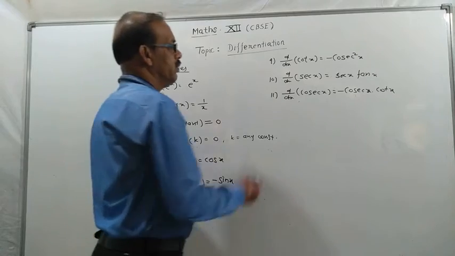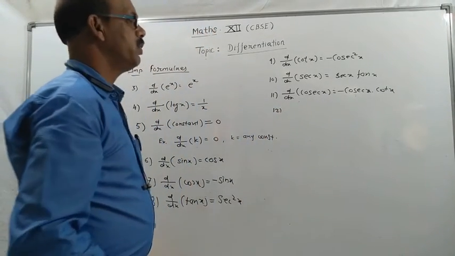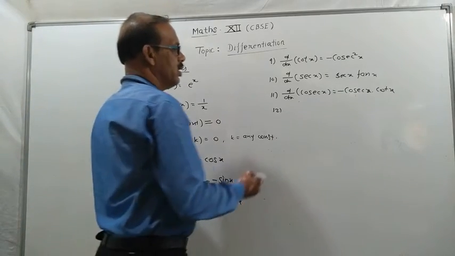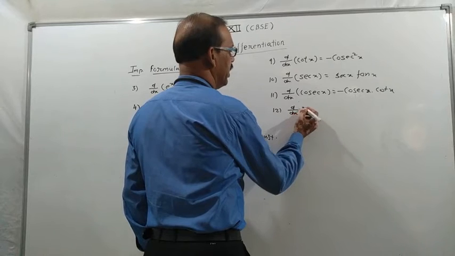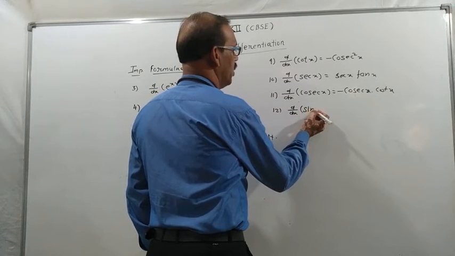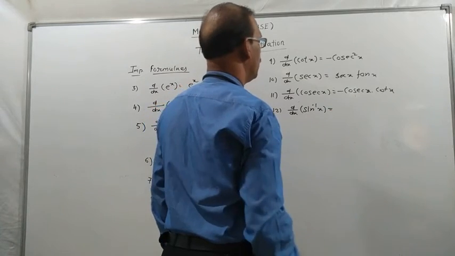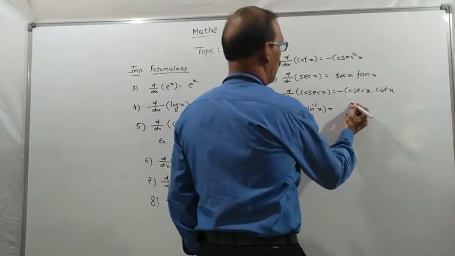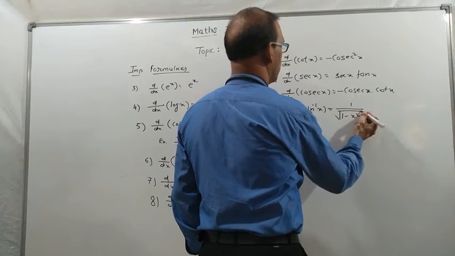Now we discuss some more formulas based on inverse trigonometric functions. For this, first we take the derivative of sine inverse of x, which is always equal to 1 upon root of 1 minus x square.